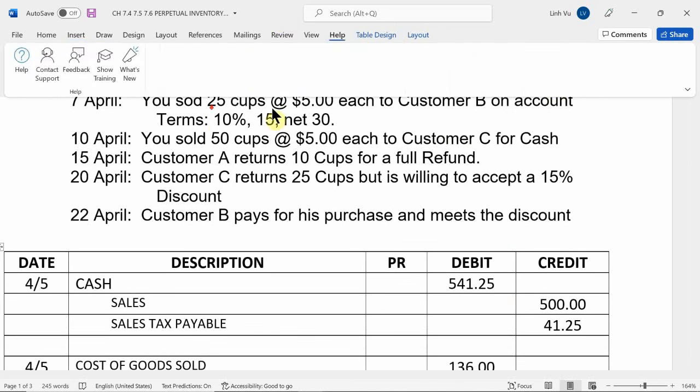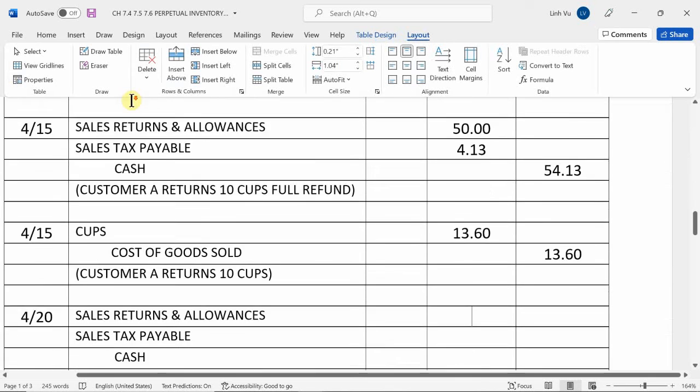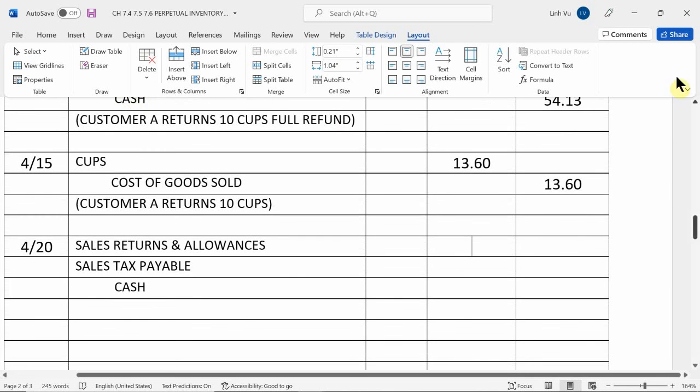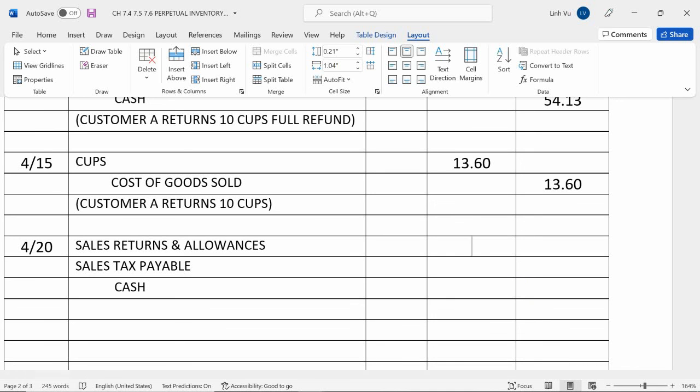Now, in this case, you also have to put your tax on that, don't you? Yes, you do, because it's not based on the quantity. It's based on how much you actually sold in terms of sales price. So if I end up refunding them their $18.75, how much tax am I also refunding? $1.55.